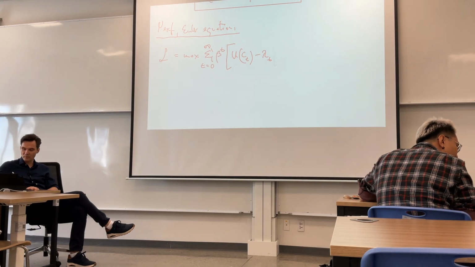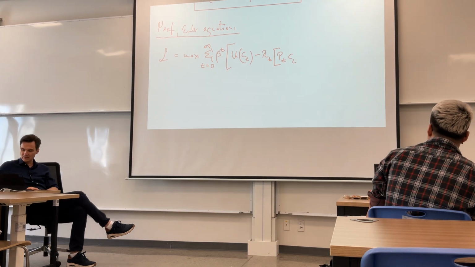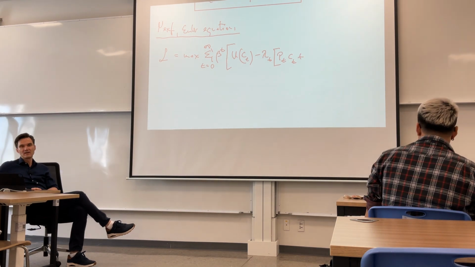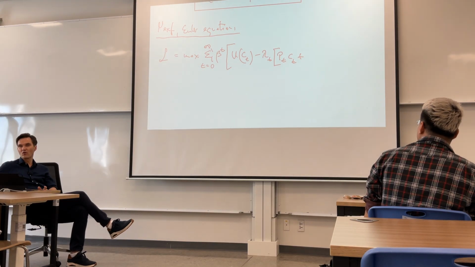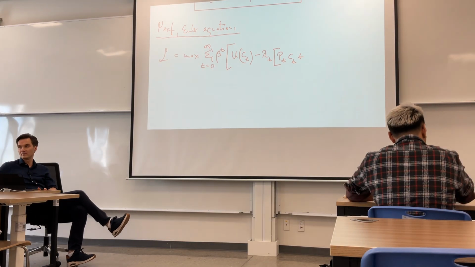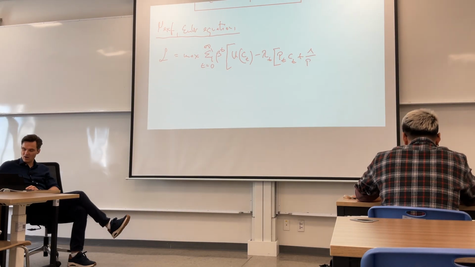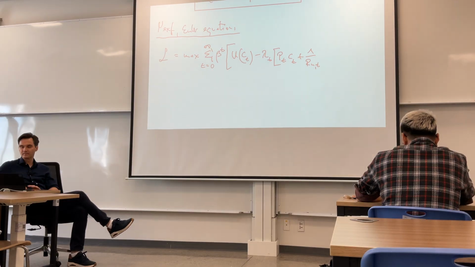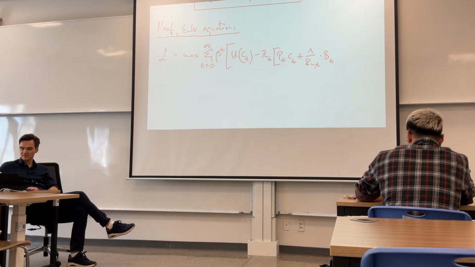So it's going to open parenthesis, and we're going to have p t times c t plus. And here I'm already going to use the substitution for Q. I'm going to use 1 over R n. Okay? So I have 1 divided by R n comma t times B t. So I have substituted here for Q t.